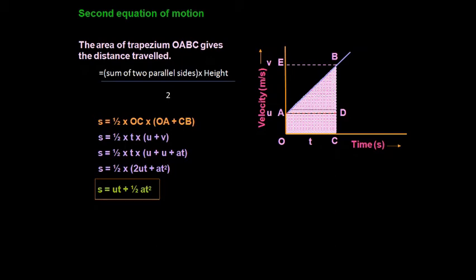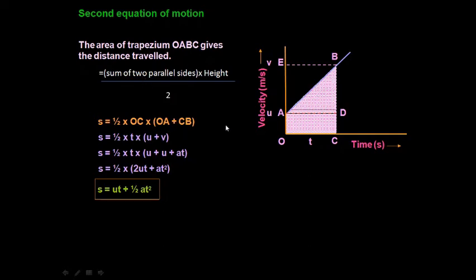Now what is the area of the trapezium? It is the sum of two parallel sides multiplied by height divided by 2. We are calculating distance. Distance is represented by s. So s is equal to the sum of two parallel sides.